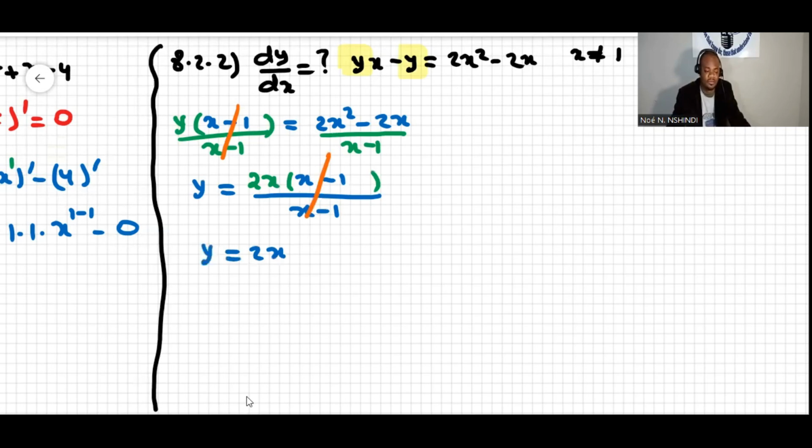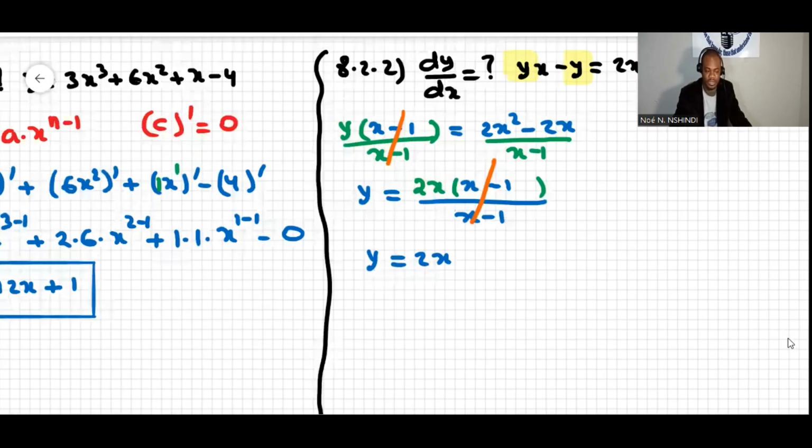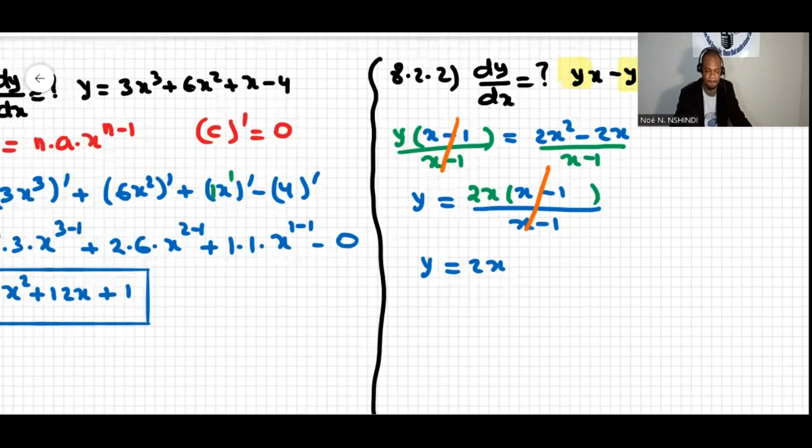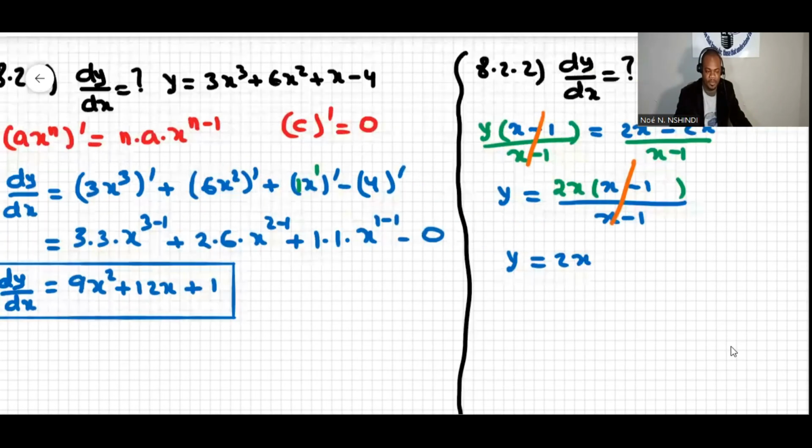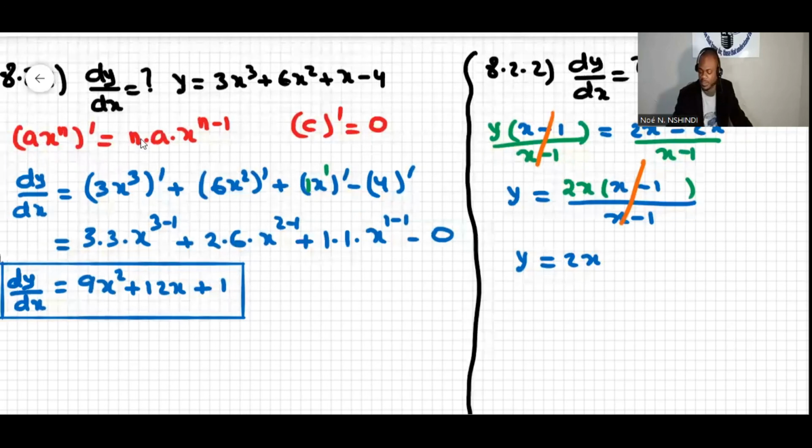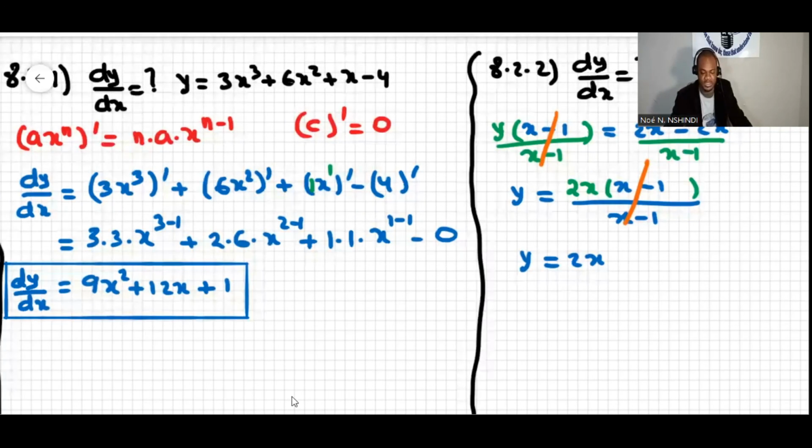Now, the derivative of this, following this formula here, you notice that the exponent is just 1. So we can do dy/dx equal to 1 times 2 times x to the power of 1 minus 1. 1 minus 1 here is 0.